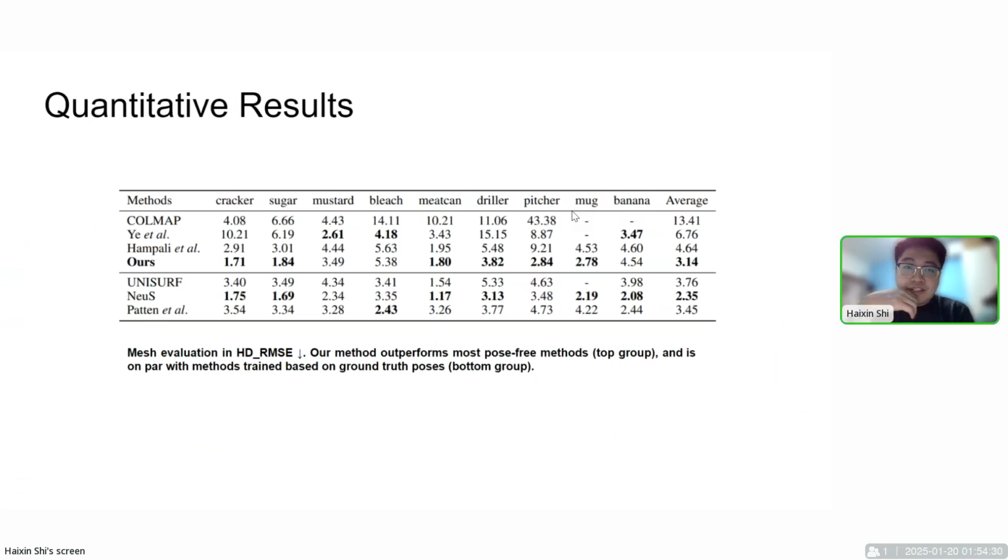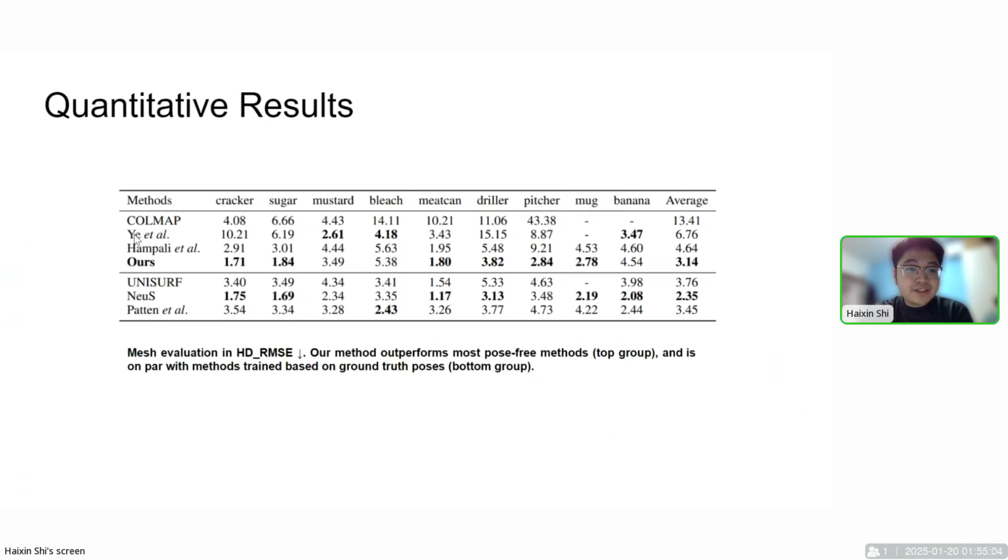Here are the quantitative results for the mesh. For the first group, we compare with other pose-free methods. COLMAP is the traditional algorithm. It doesn't use deep learning; it just uses image features and then builds up the 2D correspondence. You can see that this method fails on a lot of objects, especially the textureless pitcher or mug.